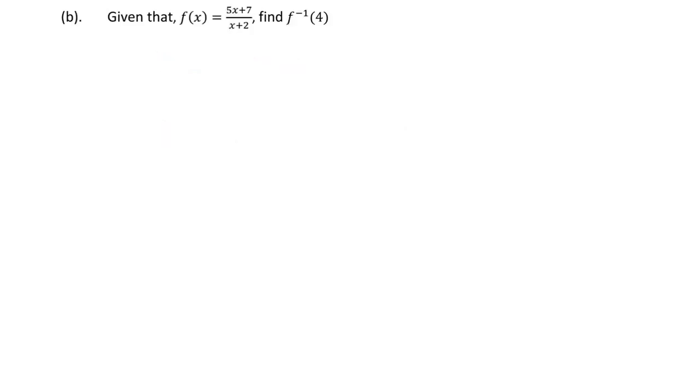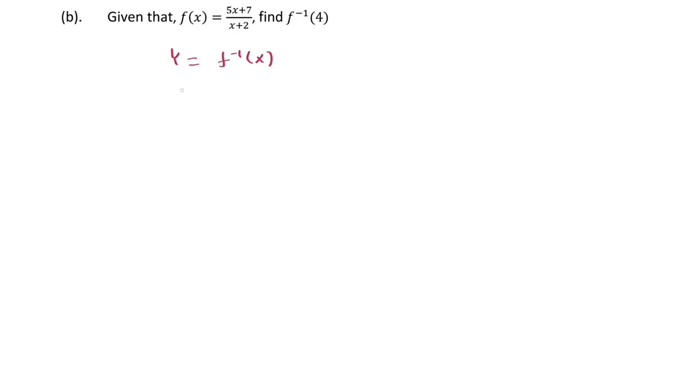Part B of the question, given that the function of x is given by those values, we are supposed to find the inverse function of 4. Before we find the inverse function of 4, let us first find the inverse function of x. So we are going to let y equal the inverse function of x.